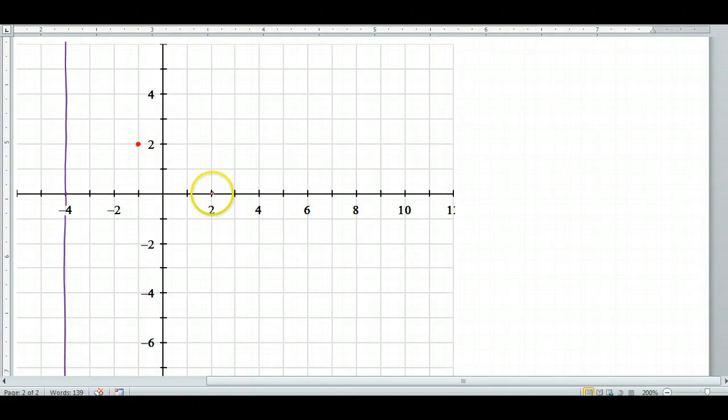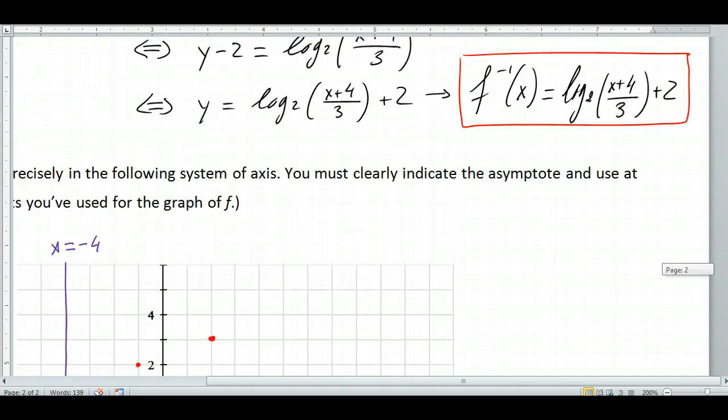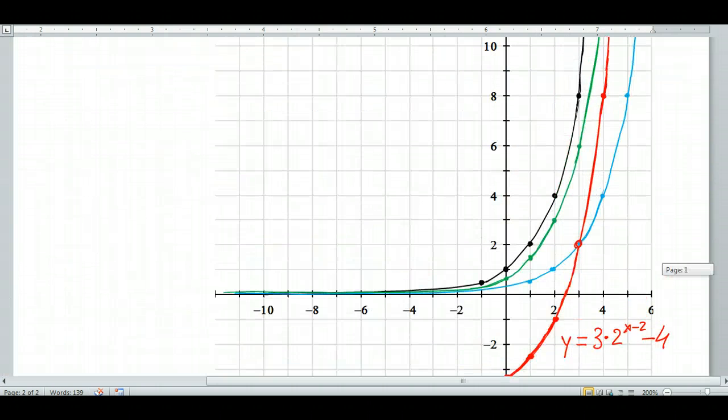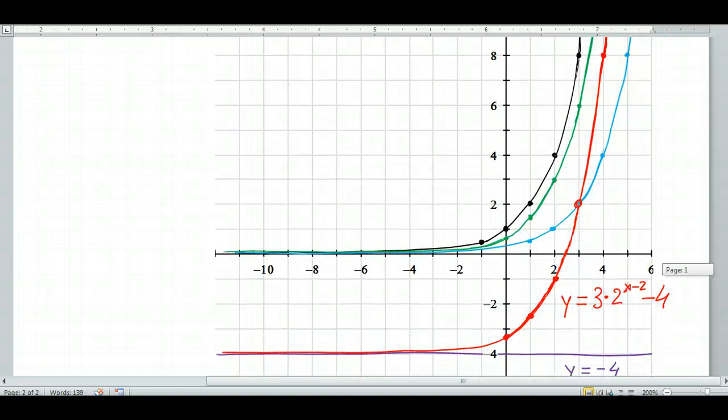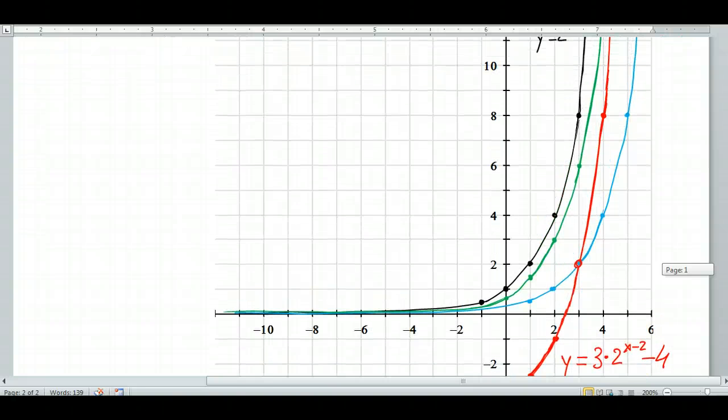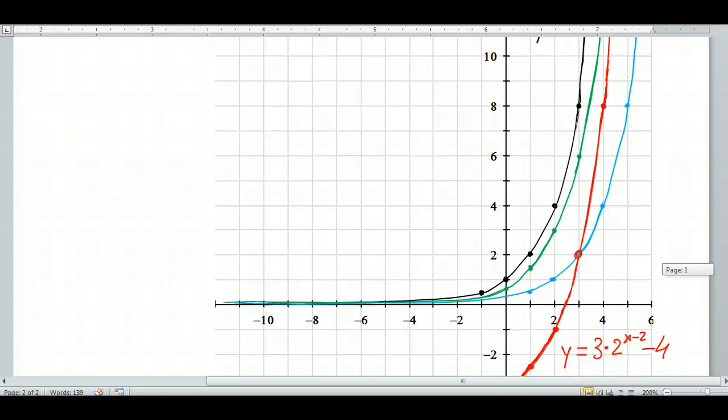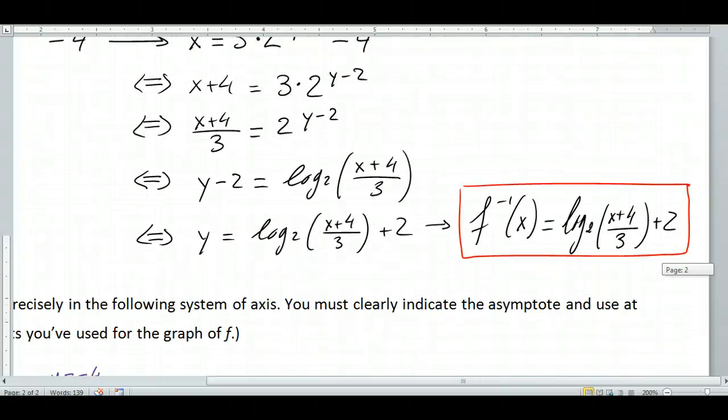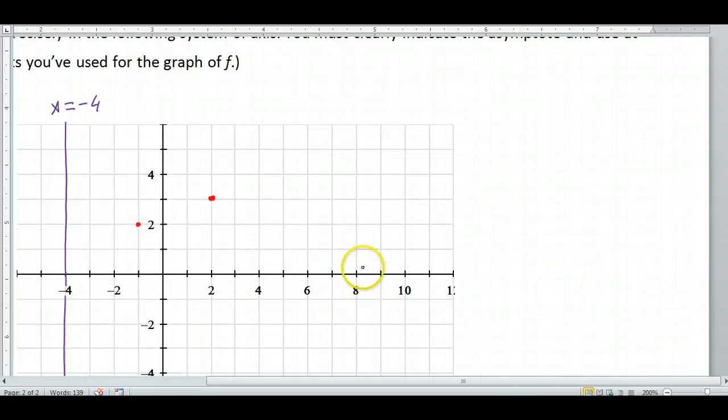So it becomes 2, 3 right here. Another one. So this is 4, 8. 4, 8. So that becomes 8, 4. 8, 4 right here.